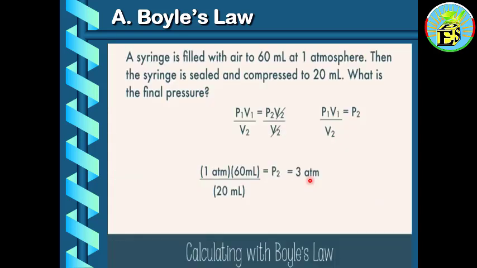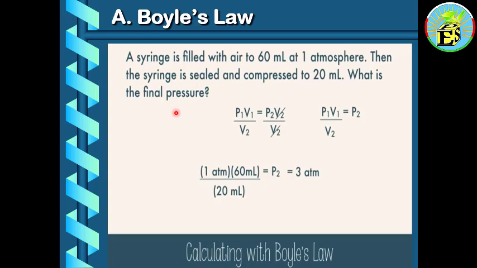How can we solve a problem on Boyle's law? A cylinder is filled with air to 60 milliliter at 1 atmosphere. Then the cylinder is sealed and compressed to 20 milliliter. What is the final pressure?